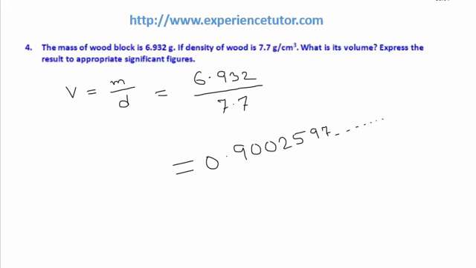Therefore, we can write 6.932 upon 7.7, which is equal to 0.9002597, which continues, and we can write it as 0.90 centimeter cube.